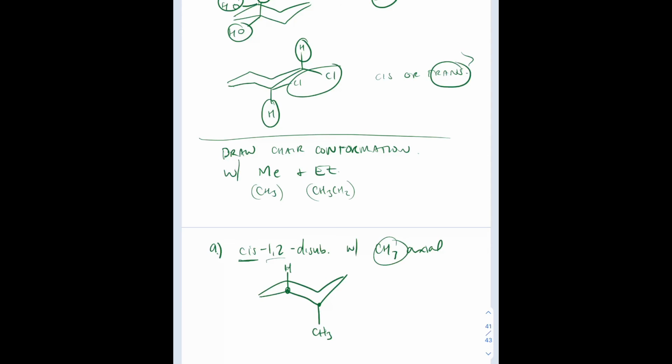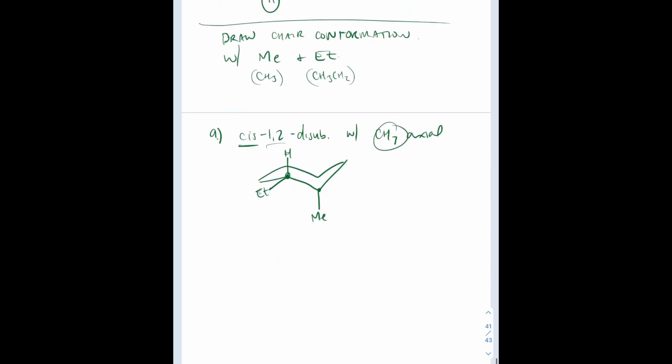So if you look at this point, this is an up C. That means the axial hydrogen would be up and the ethyl would be down. I forgot I didn't do the Me over here for you, but this would be an example of the cis 1,2 disubstituted with the methyl group axial and then the ethyl group cis and then equatorial down.